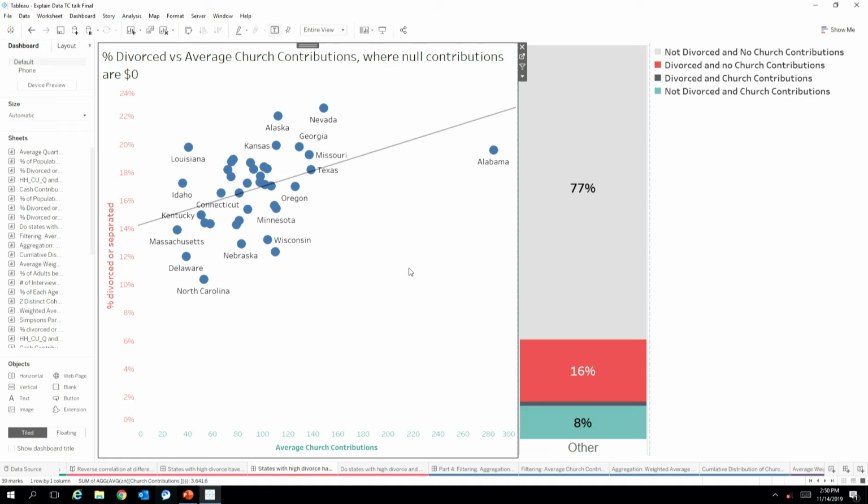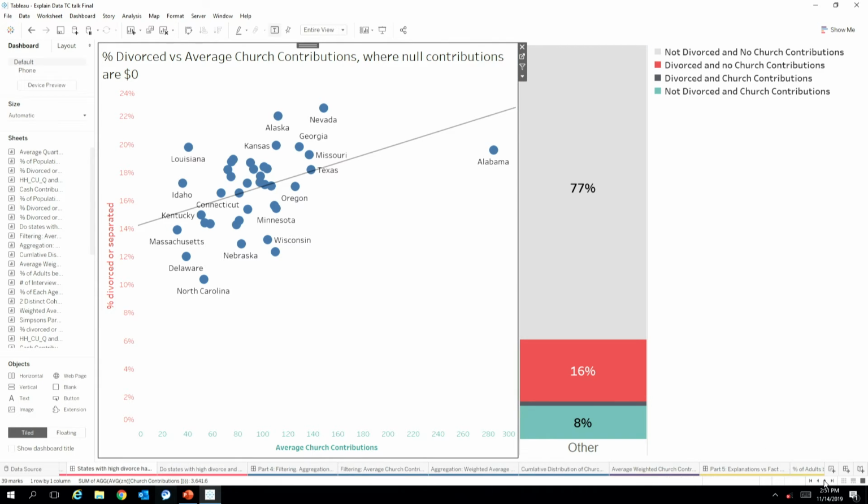The reason being that they pick and choose which values of the religion they adhere to. For example, people who are religious but don't go to church may be more likely to get married in the event of an unplanned pregnancy, which would consequently make you more likely to get divorced. And that's possibly why you see this correlation in the data set here. So always be thinking about things outside of your data.